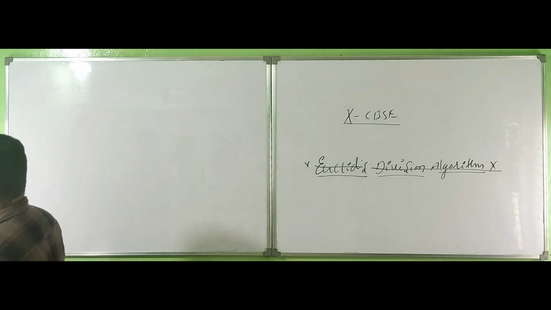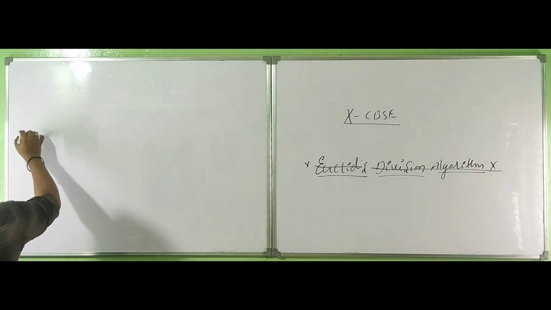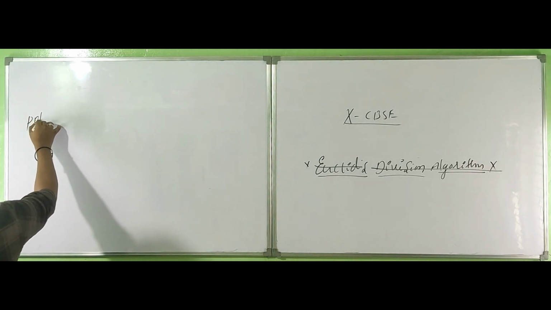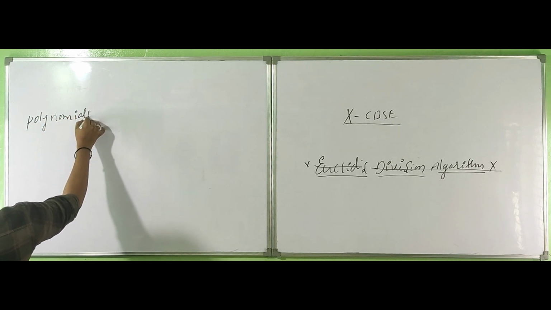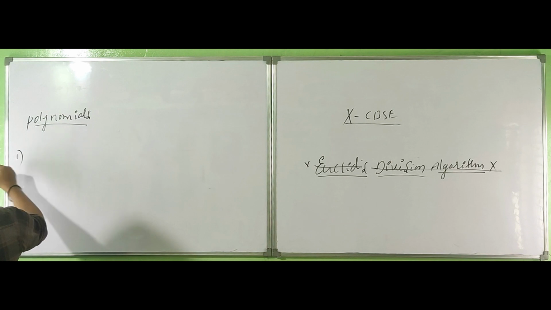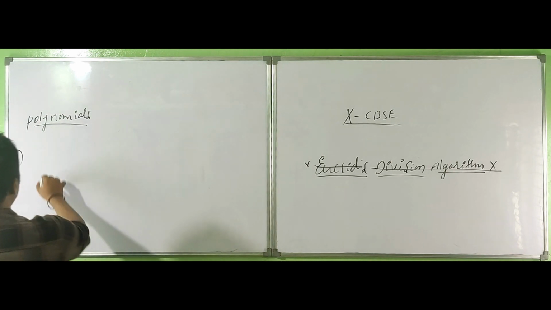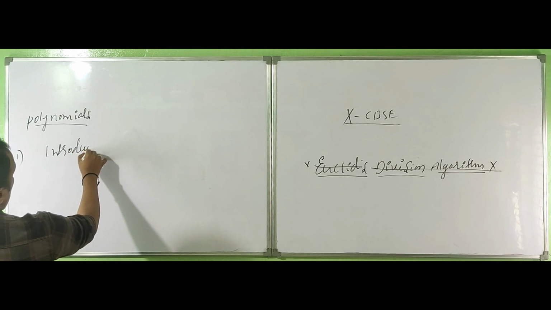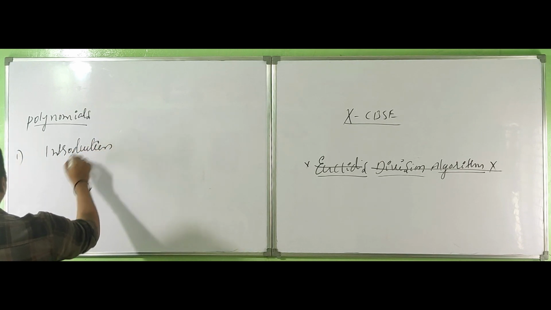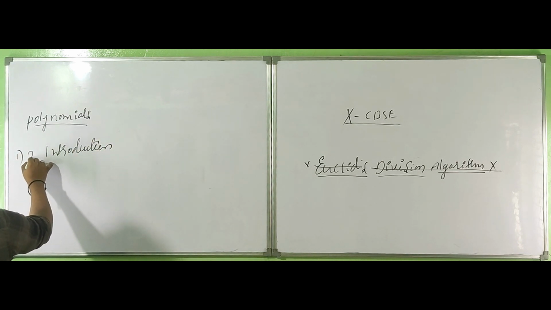So with respect to the second chapter, polynomials, the skipping is as follows. First one is the introduction, which is 2.1.